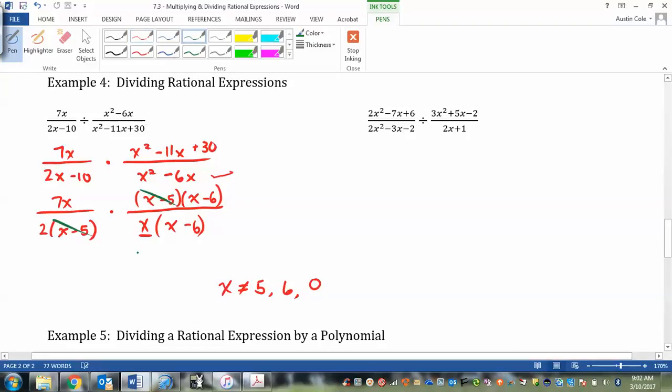X minus 5, x minus 5, x minus 6, x minus 6, this x and that x. So now in my numerator, I get 7 over 2. That's it. 7 over 2.